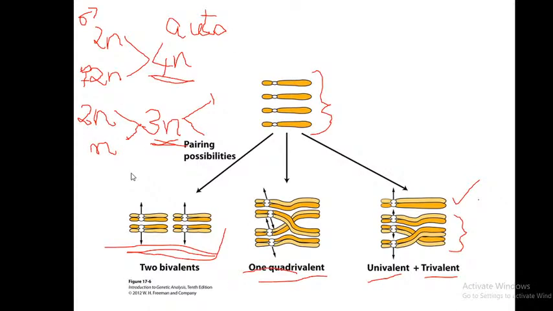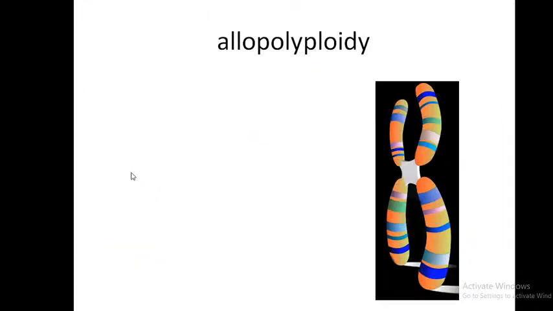This polyploidy is again divided into 2 types, that is allopolyploidy and autopolyploidy. Autopolyploidy: those cells that receive their chromosomal sets from the same species is called autopolyploidy.